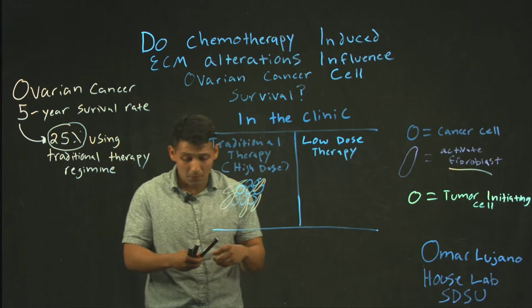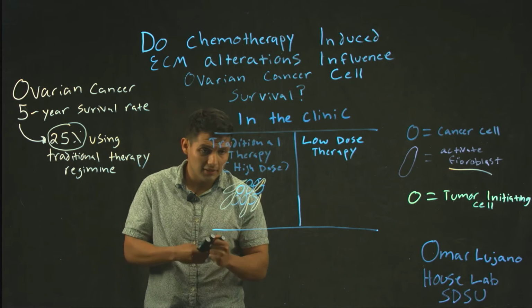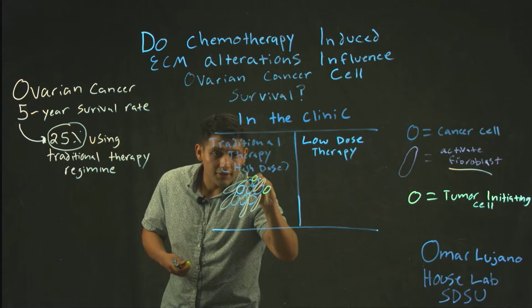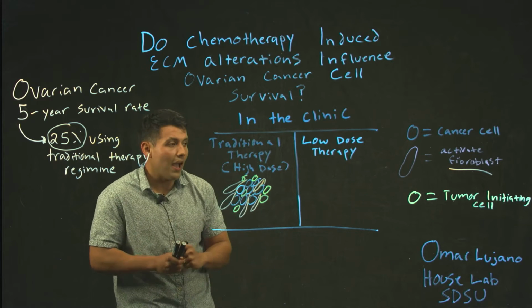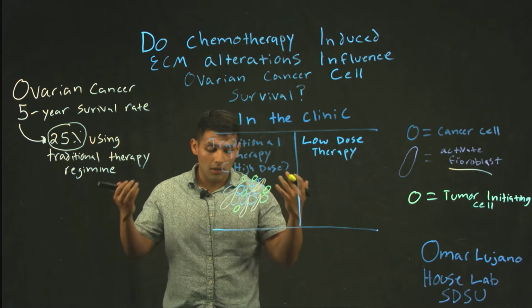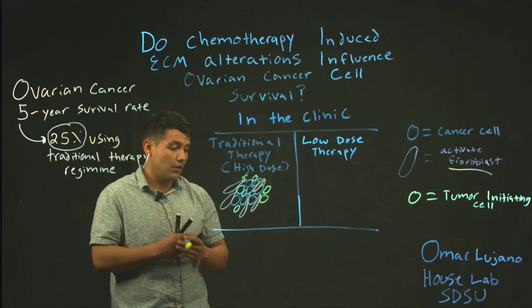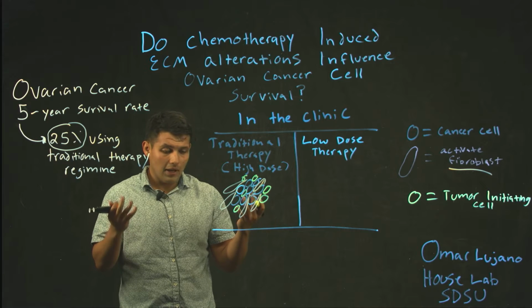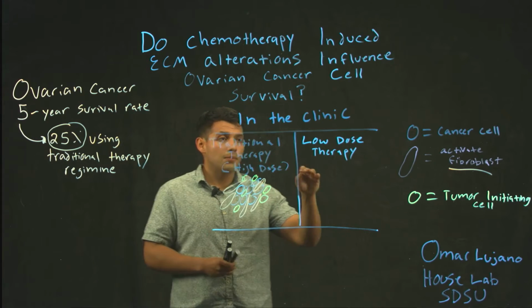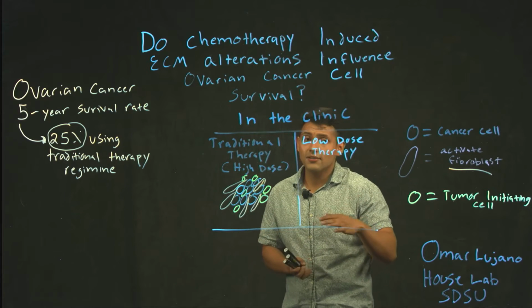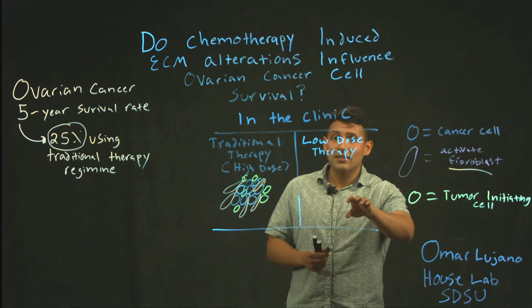And we also have a high proportion of tumor-initiating cells. As the name suggests, these tumor-initiating cells have the propensity to reinstate a tumor and essentially give rise to a new tumor.